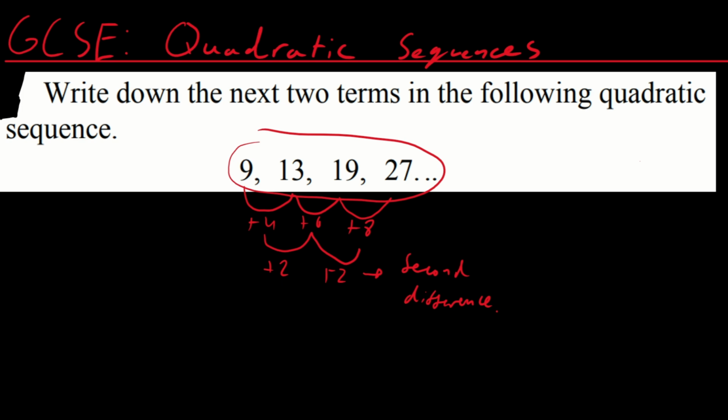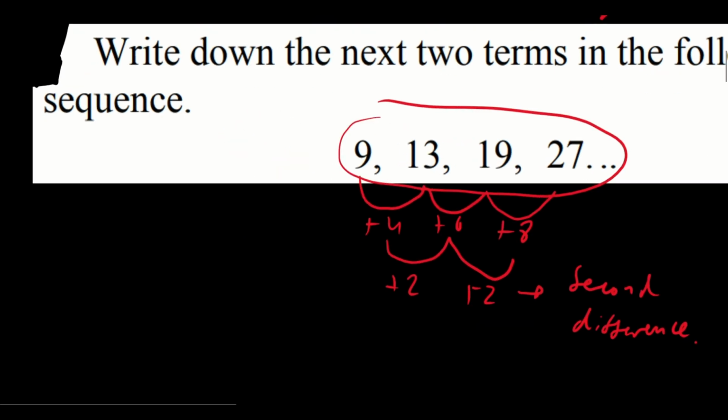This second difference is very important. For this question, you have to write down the next two terms in the following quadratic sequence. What would the next value be? The second difference is 2, so 8 plus 2 is equal to 10.